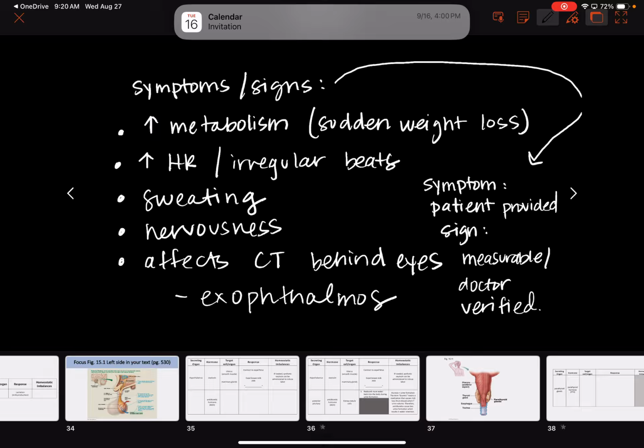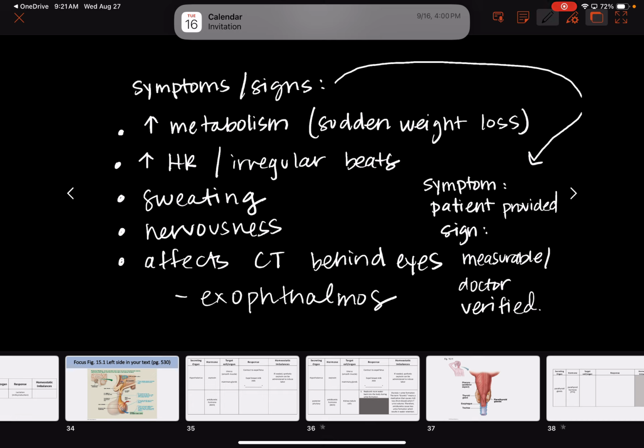Okay. Any questions about Graves' disease? So basically, during an infection, the mimic antibody of TSH mimics TSH, but it's not actually TSH.